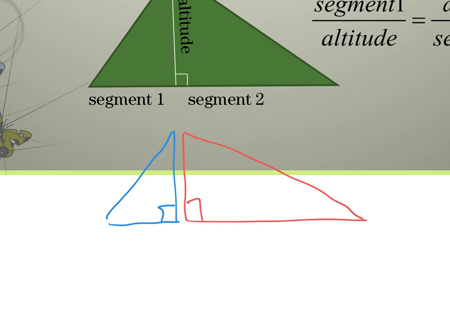Do you guys agree that this bottom side of the blue triangle is the shorter leg? And do you agree that this right side of the blue triangle is the larger leg? Yeah. So put LL. And now, if you look at the red triangle, this altitude, or where our altitude was, is now the shorter leg. And this bottom side is now the longer leg.